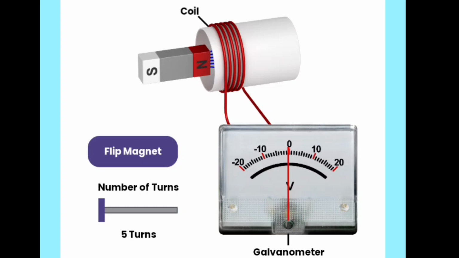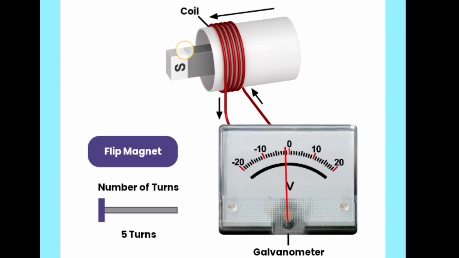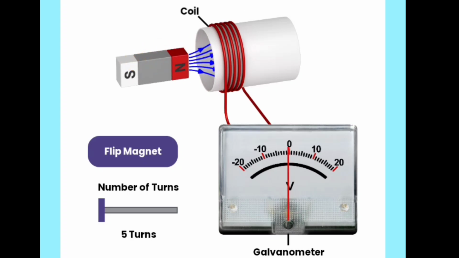First of all, take the bar magnet closer, then away, that is closer and away. You can easily observe that when you take the bar magnet close to the coil, the deflection is in one direction. When you take the bar magnet away from the coil, the galvanometer shows deflection in the opposite direction of the previous one.